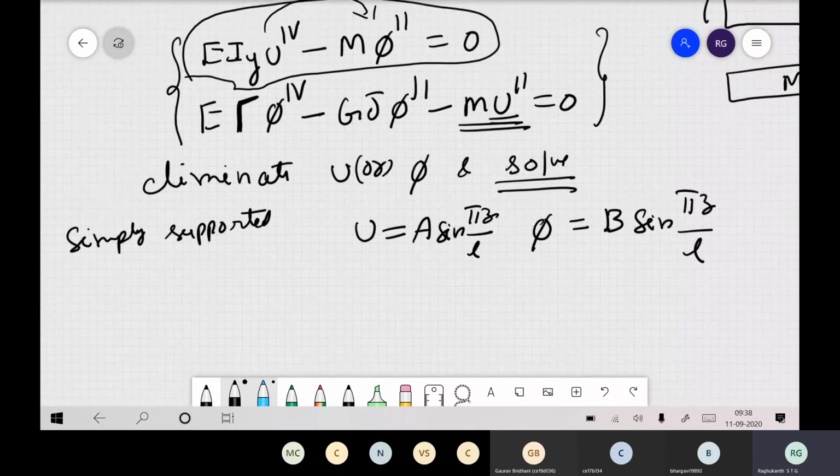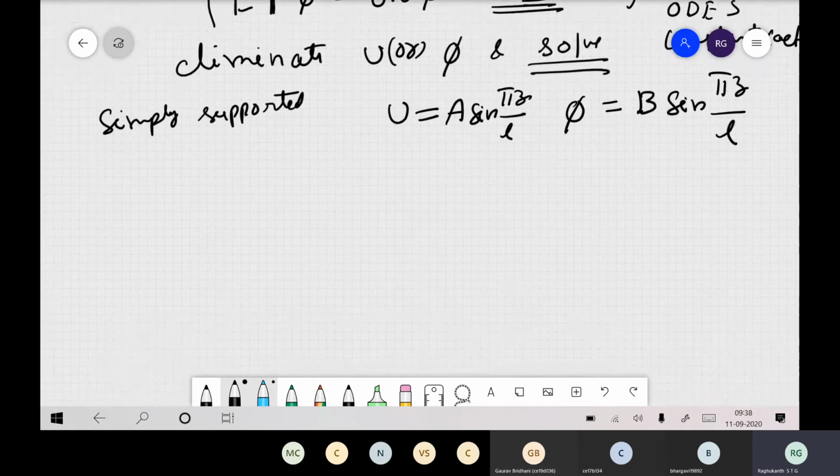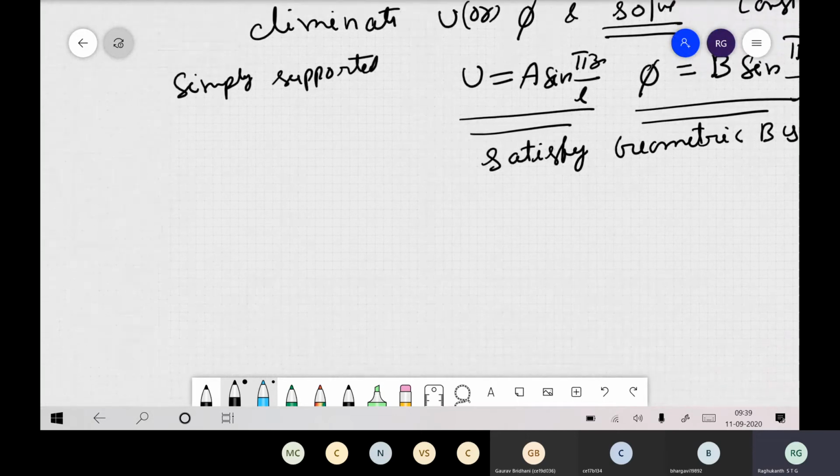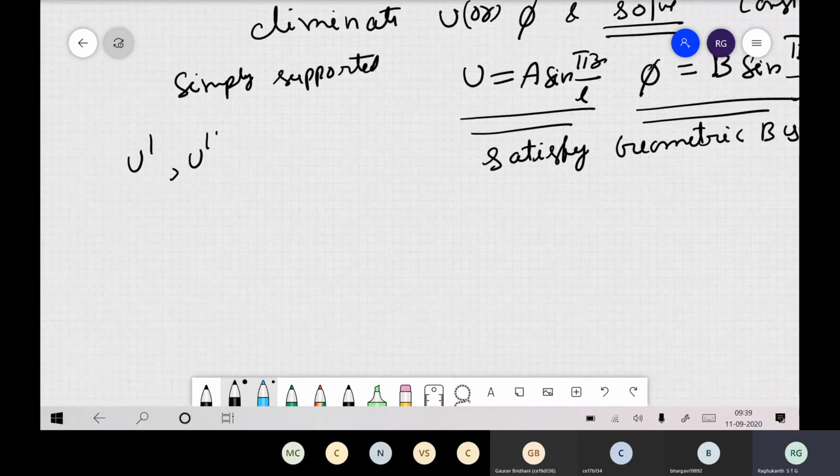You can write like this, or you can solve yourself. There is nothing great, because these are ODEs with constant coefficients, so it is very easy to solve. If you assume these functions, which satisfy the geometric boundary conditions, you assume the mode shape and then solve. So you have to calculate the first derivative, fourth derivative, all the derivatives.